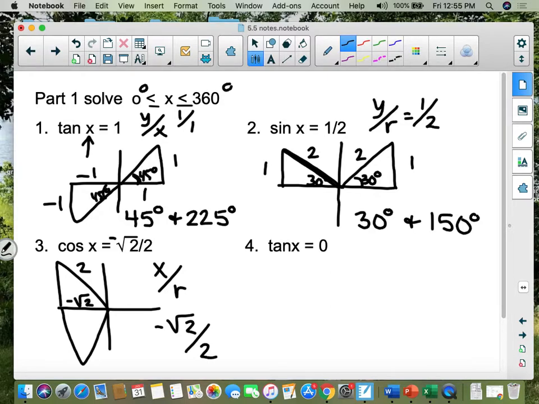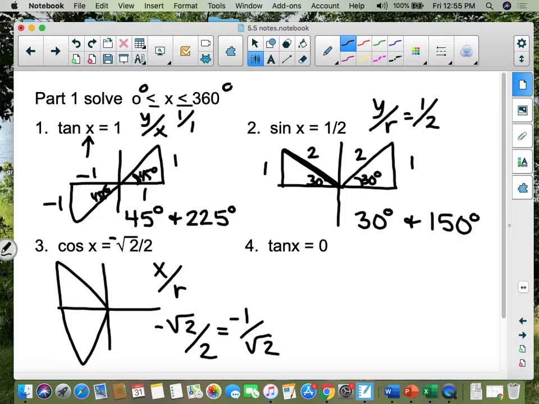We didn't study triangles that look like this, did we? No, we did not. I'm going to reverse it. So, isn't this the same thing as a negative 1 over root 2?